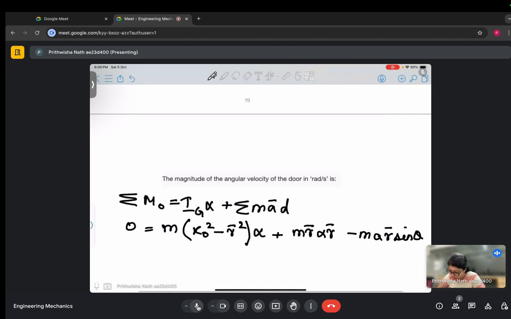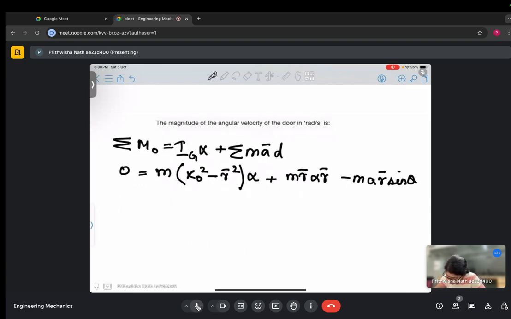So I'll first draw this. Let this point be O, this is G, this is m a, this is nothing but m r alpha, right? And this is nothing but r bar, and this angle is given as theta.